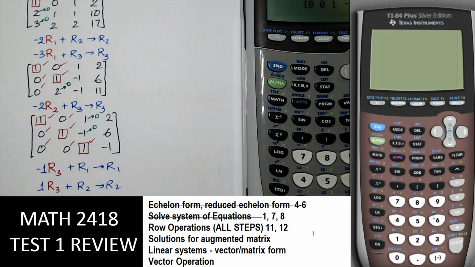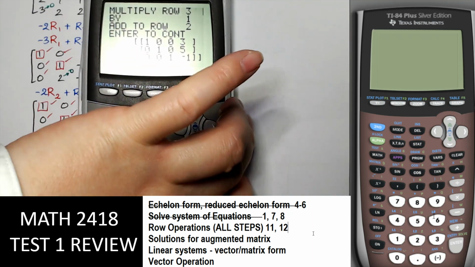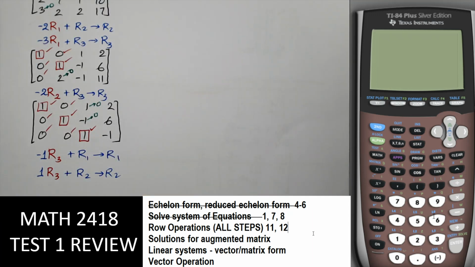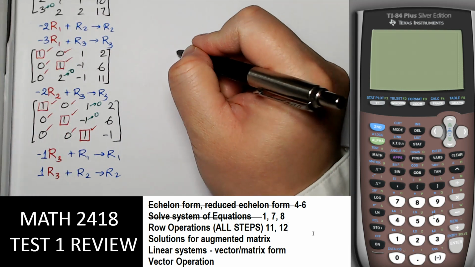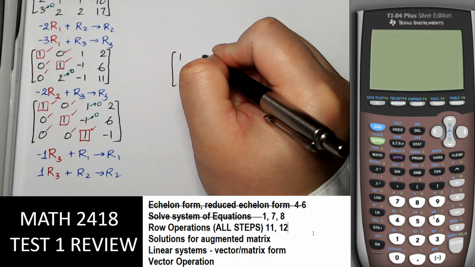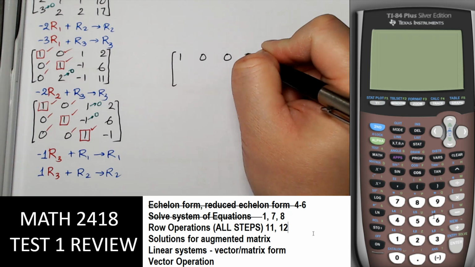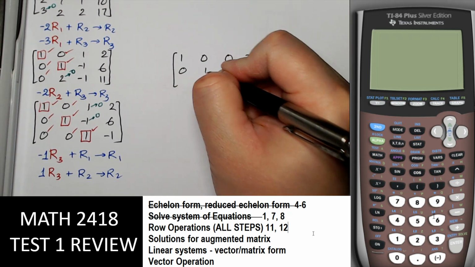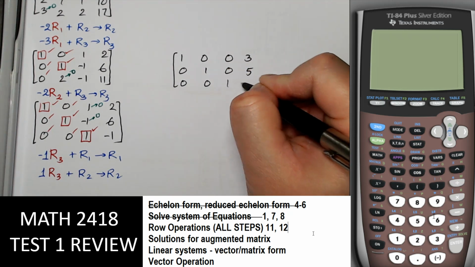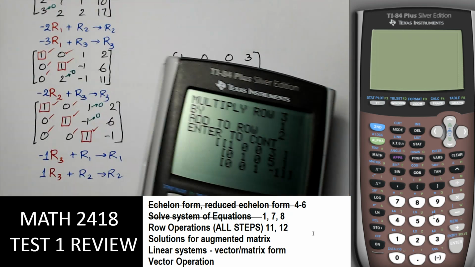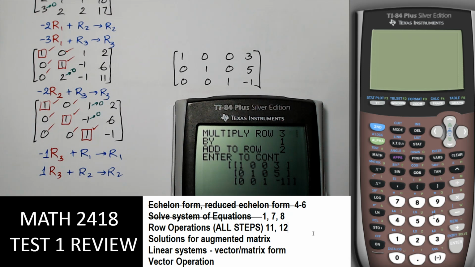We should have that. So that's what we have, and this is in reduced row echelon form.